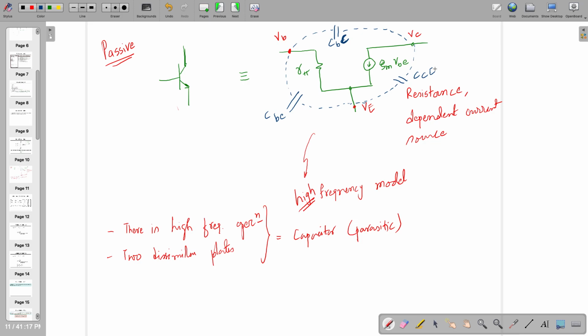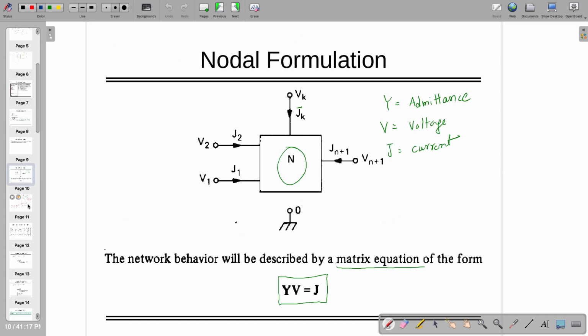Then you can solve this using what we are learning, known as the advanced technique. Through that you can solve even a BJT, which will be easier. This technique is very easy, which I am going to teach you. That black box I am talking about may have a BJT, a MOSFET, a transformer, anything. All will be modeled as passive components, and then we are going to solve them using only one equation, called YV equal to J, where Y is admittance.